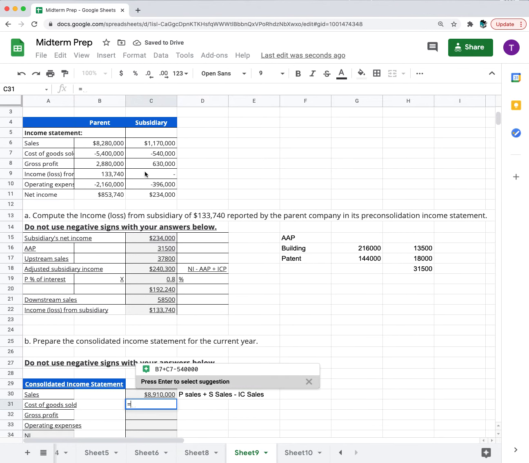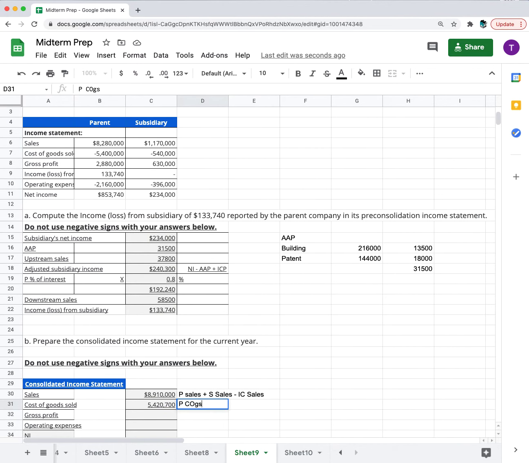The cost of goods sold is going to be our parent's cost of goods sold, and I want to get this out of the negative, so I'm going to put the negative in front of it. And then we need to add the downstream, which we have right here, and then subtract out the upstream for $5,420,700.